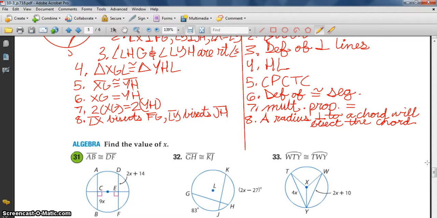Therefore, FG is equal to 2 times XG, and JH is equal to 2 times YH. And that's by definition of a segment bisector.